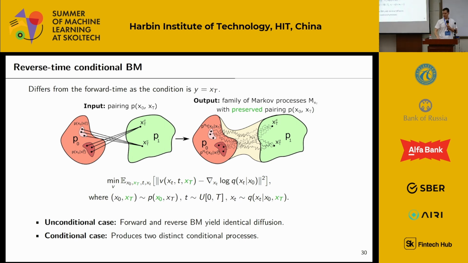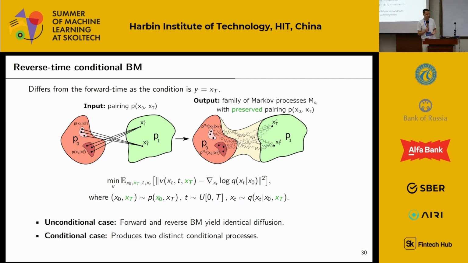Question? Yes, in real data sets, we have just pairs of elements, and our distributions boil down to delta functions. So at the end, we have no variety, and why does it still work if we have no distribution, just one sample? You mean in most cases for each x0 we have just one x1?